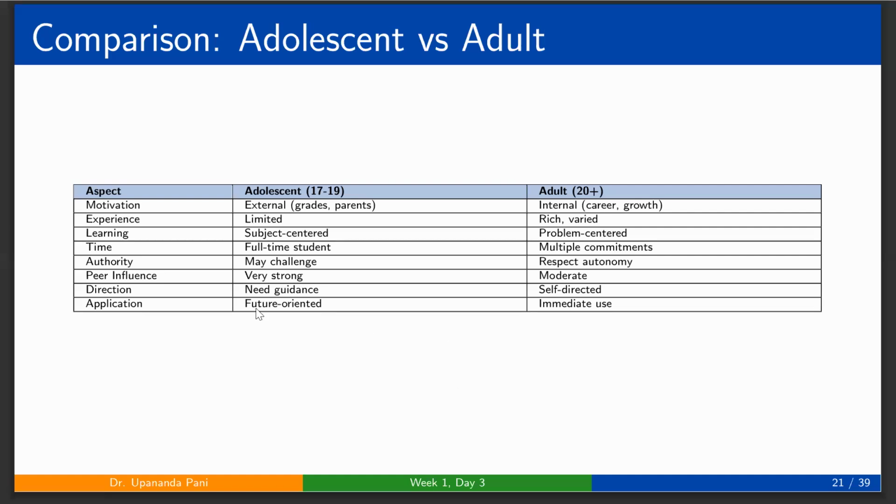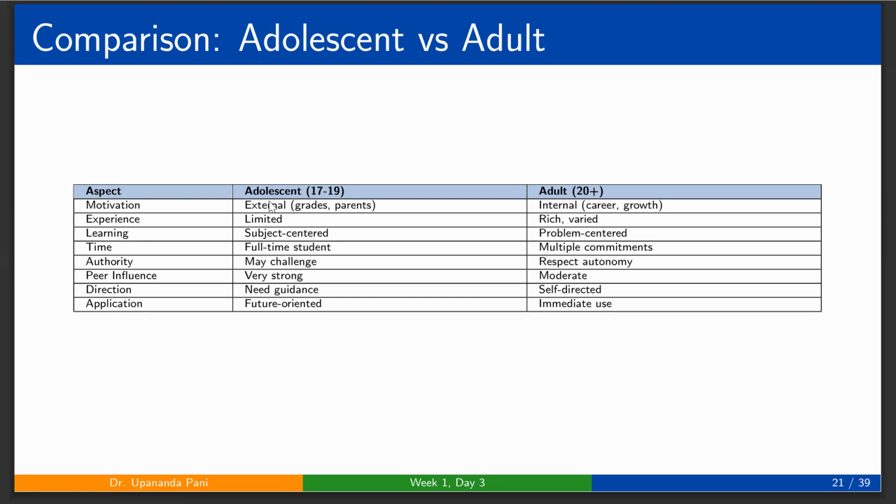Now, how can we analyze adolescent versus adult? We can analyze based on these different aspects: motivation, experience, learning, time, authority, peer influence, direction, and application.